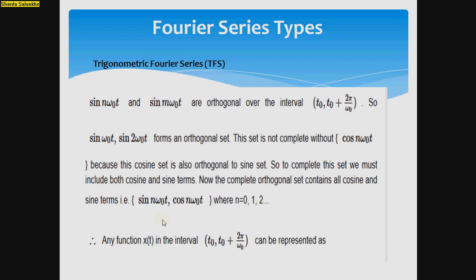Next, Fourier series types. The trigonometric Fourier series, we can call it TFS. In TFS, sin n omega 0 t and sin m omega 0 t are orthogonal over the period t0 to t0 plus 2 pi by omega 0.